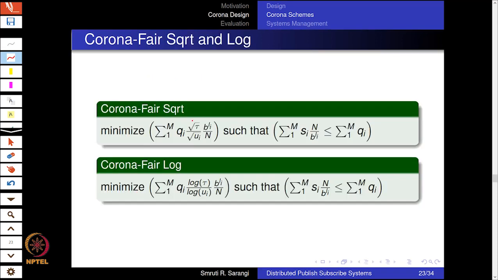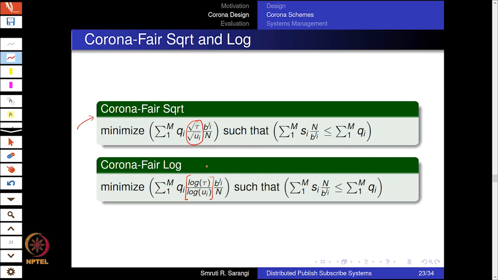To kind of reduce the importance of UI, two other variants of Corona do this: Fair Square Root actually considers the square root of this quantity to kind of temper down the effects of UI. And if we further want to temper down the effects of UI, instead of the square root, we consider the log. So that will further reduce the effects of a large or small UI.